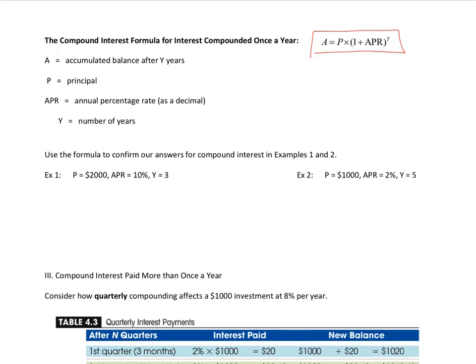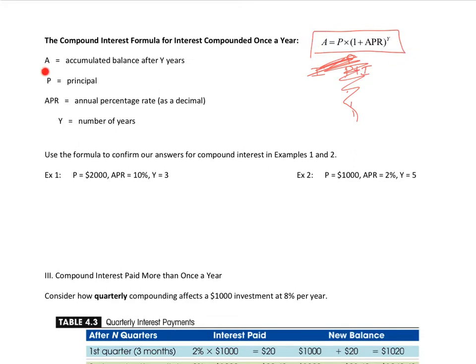If you thought it was a great big hassle to figure out how much interest was made each year, add it to the new principal, and then use the new principal to find out how much interest we made that year, it's a long process just to make out this table where you figure out the interest, you add it together, and you get P plus I, and so on. It was just too much, that last example, the compound interest. Luckily, we have this formula here. This will do it all for us in one step.